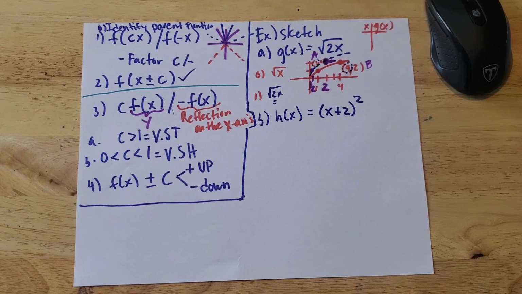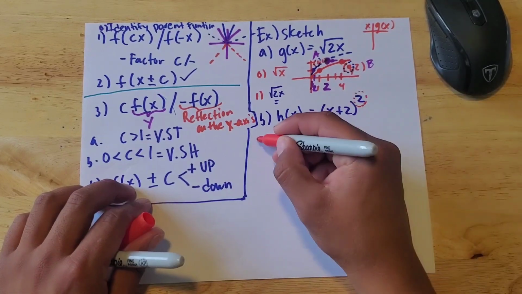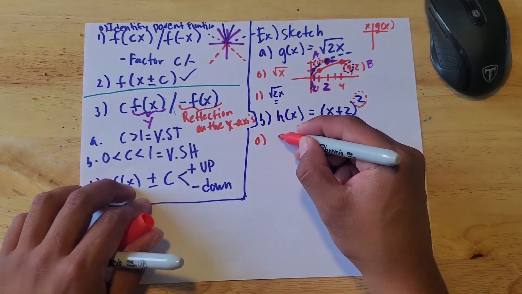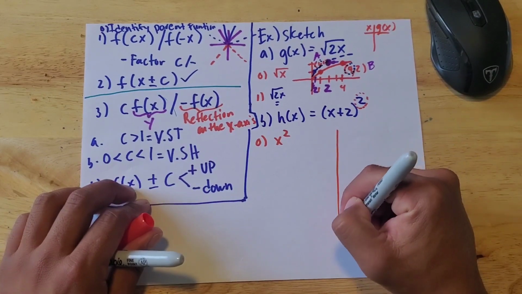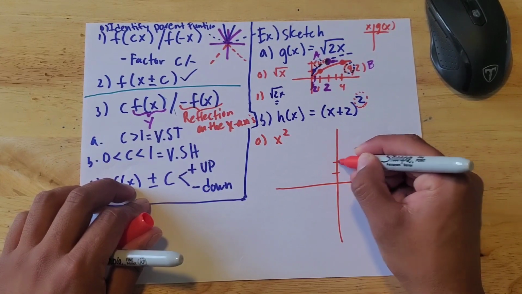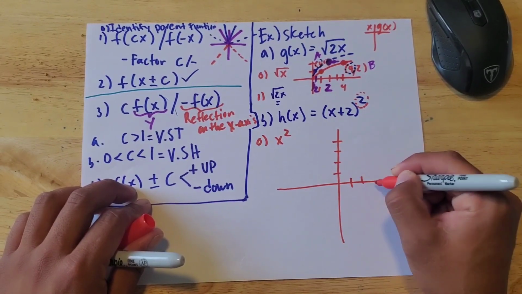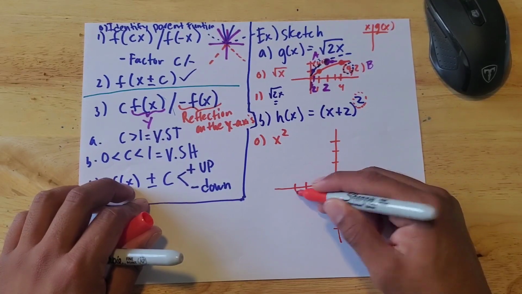That's the first thing you want to be able to identify. And this square is helping me identify what function we're dealing with, and we're dealing with x squared. Now, let me draw this one a little bigger so maybe I can see what's happening. 1, 2, 3, 4. 1, 2, 3, 4.